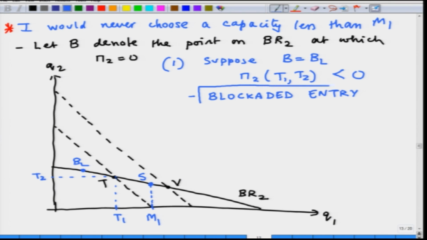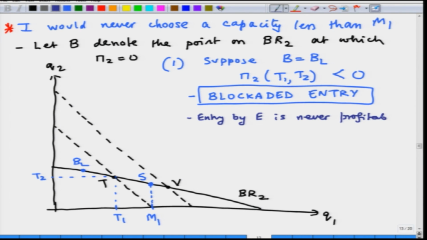So, entry by the entrant is never profitable. The incumbent is going to choose a capacity which is equal to M1.